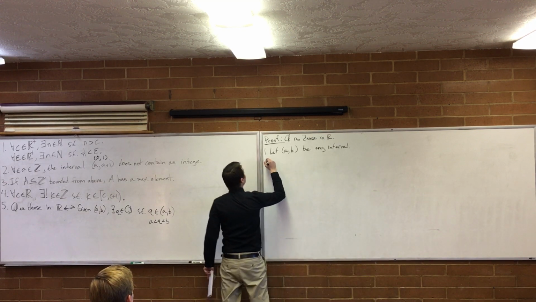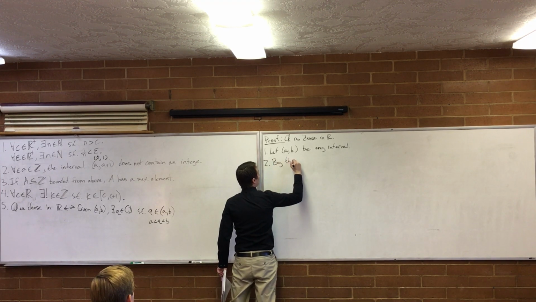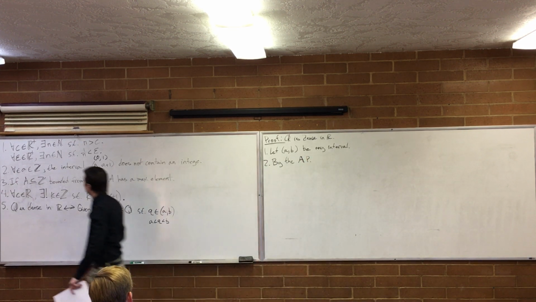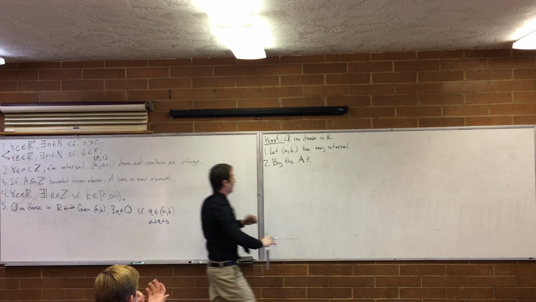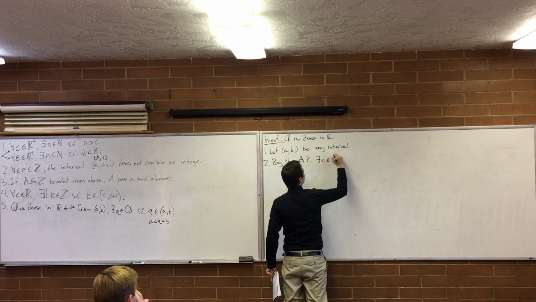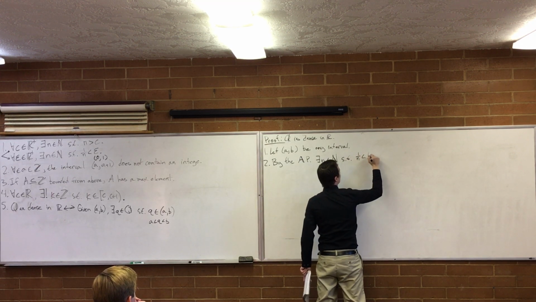So two, by the Archimedean property. Is that the one we just proved? These two are logically equivalent ways of doing it. I'm going to use this. By the Archimedean property, there exists a natural number n such that 1 over n is less than b minus a.